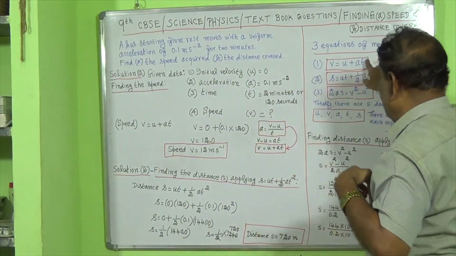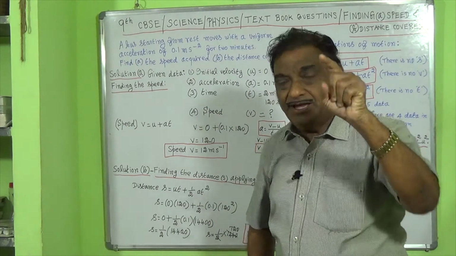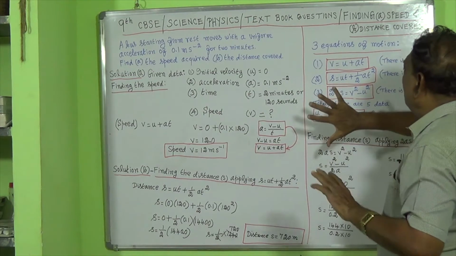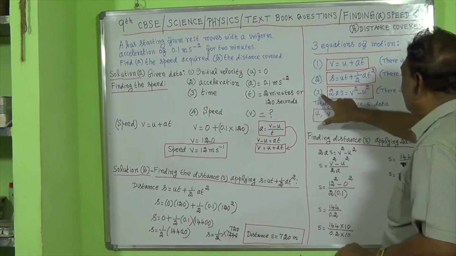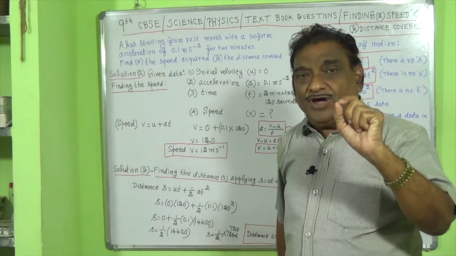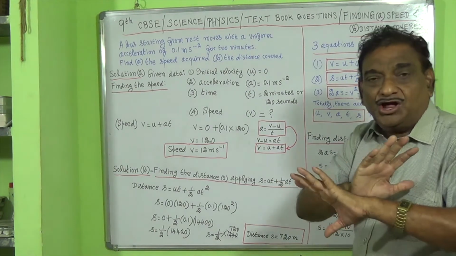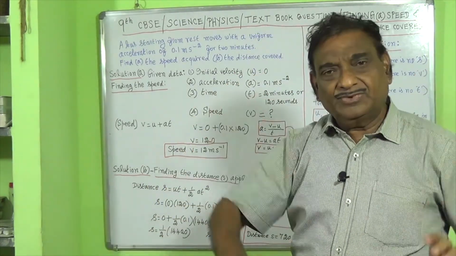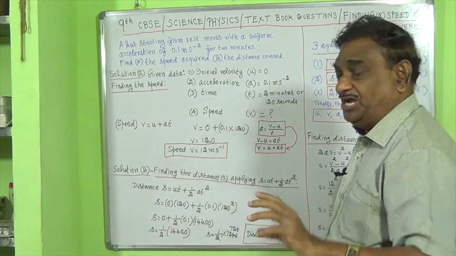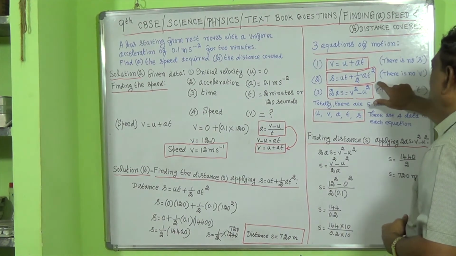If we select the first equation, we do not know only the final velocity v. The remaining three data are provided, so there is no problem at all. If we select the third equation, two data are not known, final velocity v and the distance s, so we cannot select the third equation. In the second equation, there is no final velocity v, so we cannot find it from this equation.